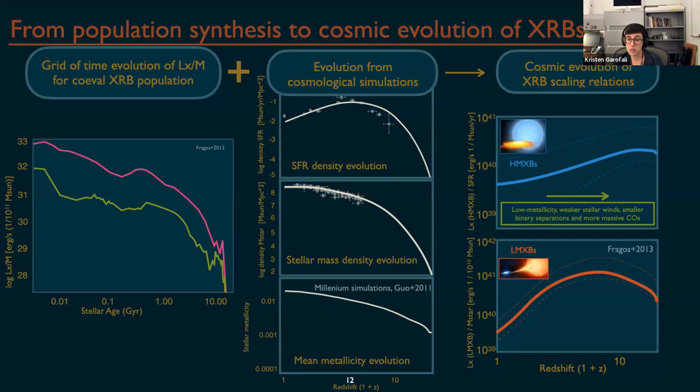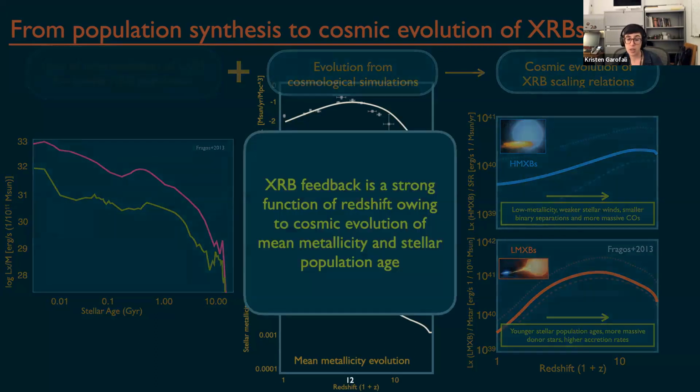So for the HMXBs, this is again the case of a metallicity effect primarily, where we have weaker stellar winds, tighter binaries, and more massive compact objects. The evolution of our LMXB component as a function of redshift has more to do with the stellar population age. So on average, younger stellar population ages at higher redshift leads to more massive donor stars and possibly higher accretion rates.